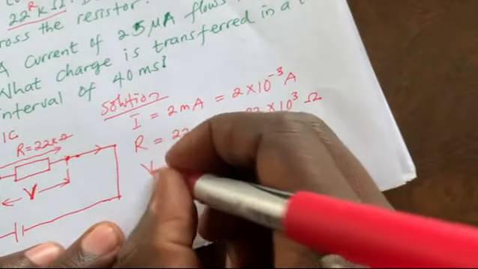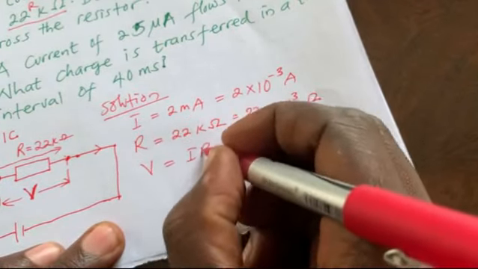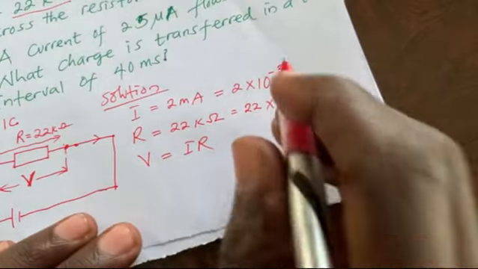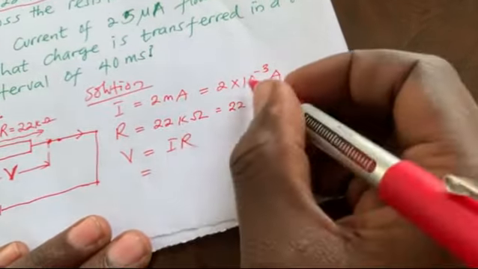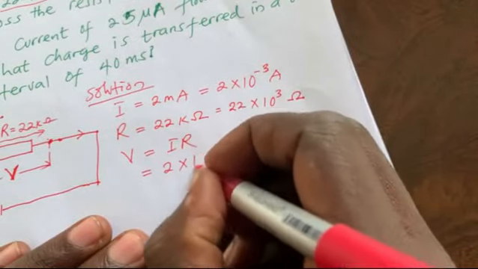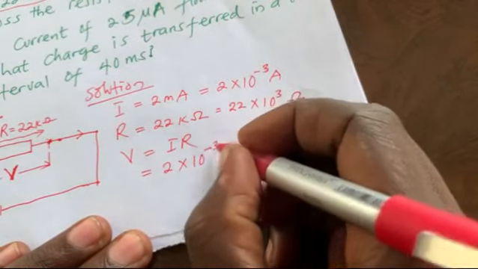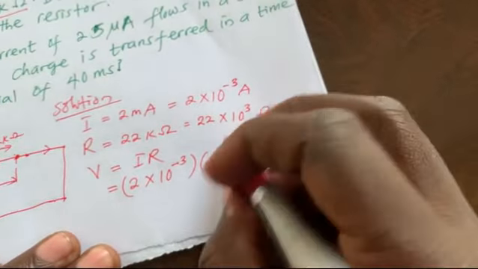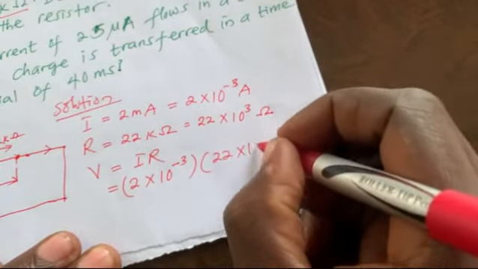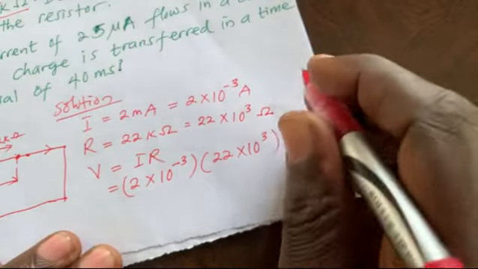Now you can use the relationship between V, R and I. It says V is equal to IR from Ohm's law. After writing the formula, we substitute the values we are given. We are given I as 2 times 10 raised to the power of minus 3. Then we are given R as 22 times 10 raised to the power of 3.